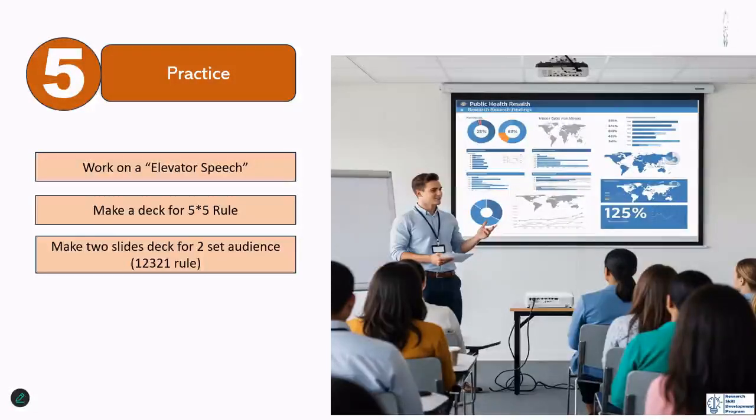We'll discuss the Greek way of presentation in detail later. But 1, 2, 3, 2, 1 means you spend 1 minute on slide 1, 2 minutes on slide 2, 3 minutes on slide 3, again 2 minutes on slide 4, and 1 minute on slide 5. So that rule is 1, 2, 3, 2, 1.